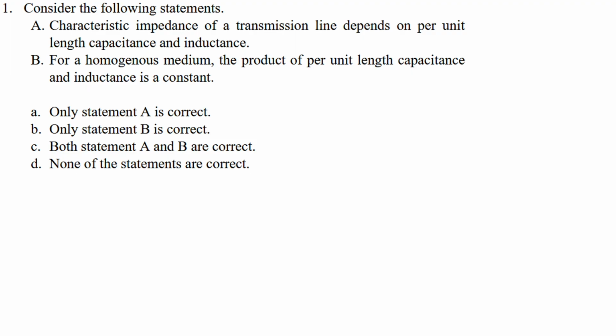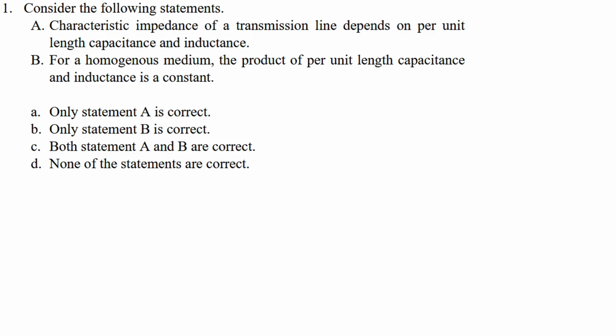Homogeneous medium means, let's say there is a dielectric medium present between wire 1 and wire 2. For example, if it's a coaxial cable, there is Teflon or some kind of dielectric material between the inner conductor and the outer conductor. If it is homogeneous, that means throughout the length of the wire, this dielectric medium stays the same.